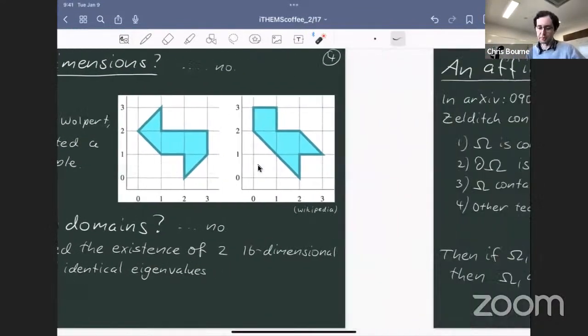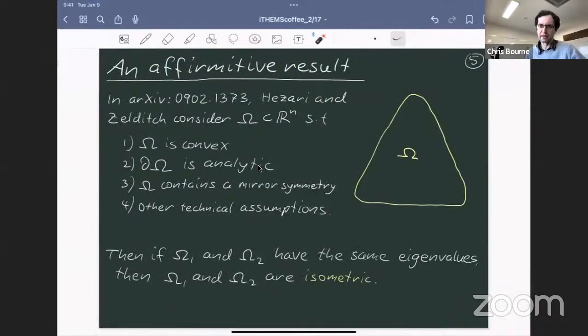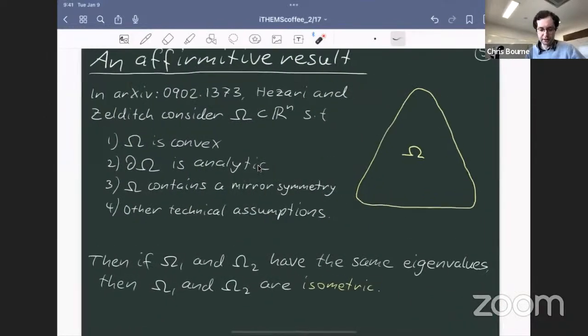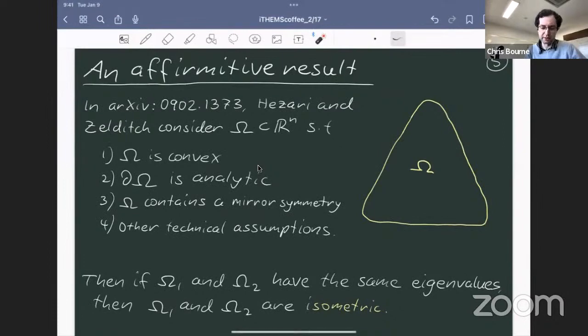But maybe somewhat surprisingly, there are actually some positive results, which are at least somewhat recent. Back in 2009, there was a paper on the arXiv by Hezari and Zelditch, but they consider fairly restrictive domains. So again, we're going to be looking at regions, this omega, with certain extra conditions. So convex, so any 2 points you can connect with a straight line.